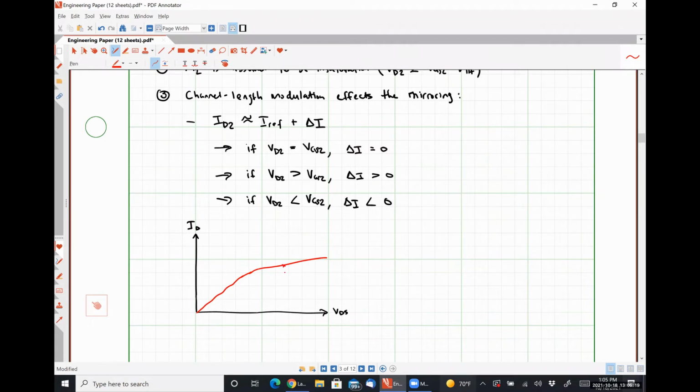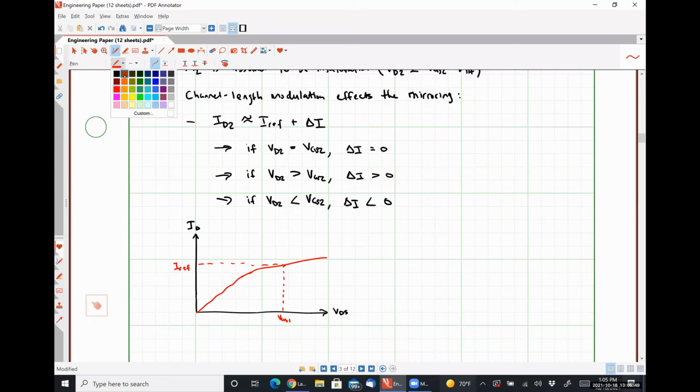So let's call this point VGS1, and its representation on our y-axis will be exactly I reference. Okay. So this is a current effectively that transistor M1 is carrying for sure.